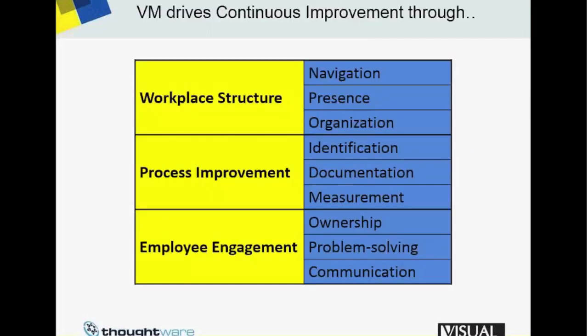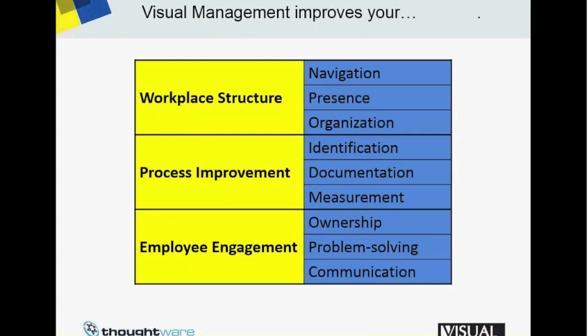In summary, workplace structure is about arranging the physical environment in the way we want to work. Process improvement is creating visual management to expose waste, and employee engagement is creating people who are willing to own, willing to eliminate that waste as it occurs.